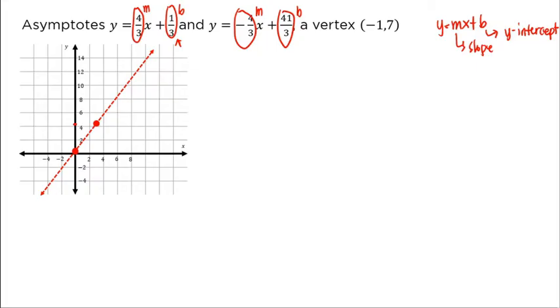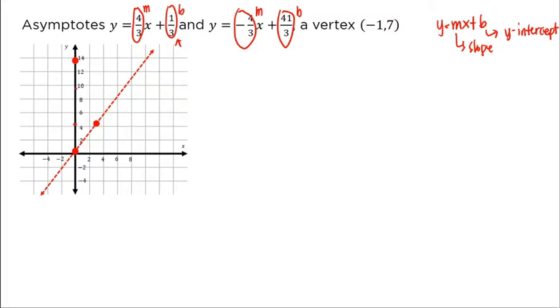For the second asymptote, the y-intercept is 41/3. That is 13 and 2/3. So it is somewhere here. Okay? So since the slope is negative 4/3, we will move 4 units downwards and 3 units to the right. So 13 and 2/3 minus 4 will be 9 and 2/3.